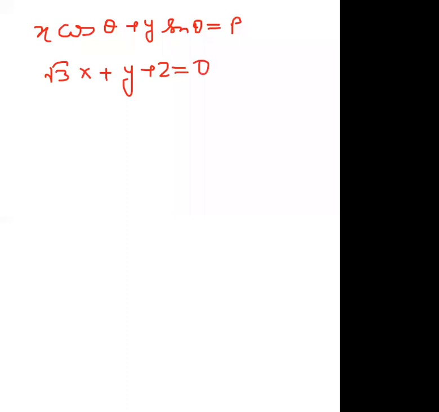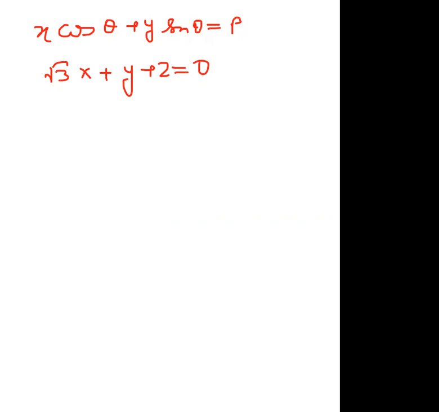Find the value of theta and p such that x cos theta plus y sin theta equals p is the normal form of the line root 3x plus y plus 2 equals 0.